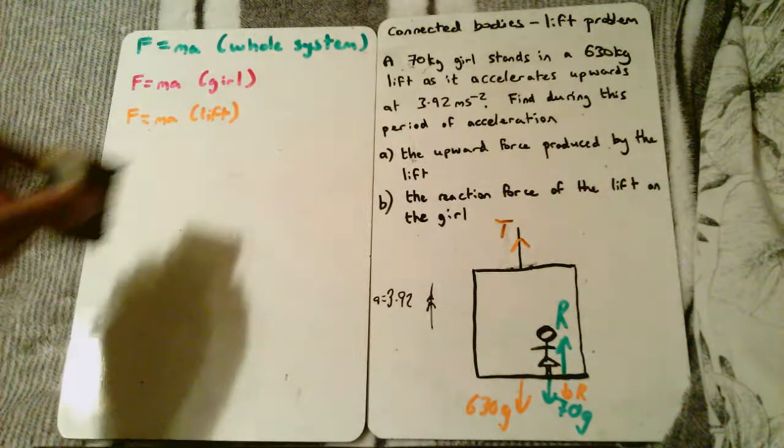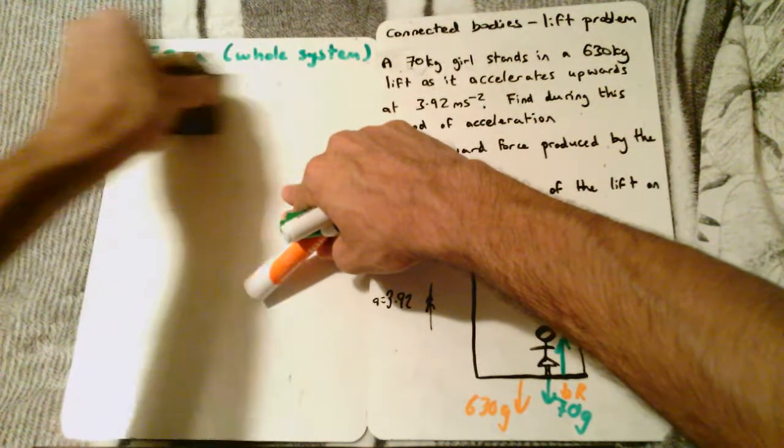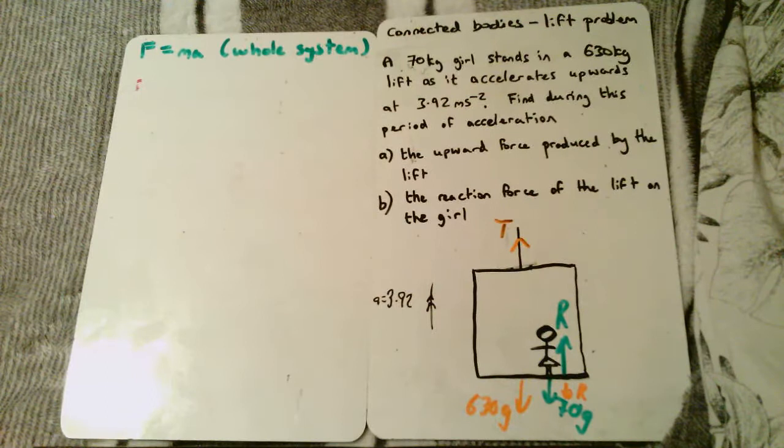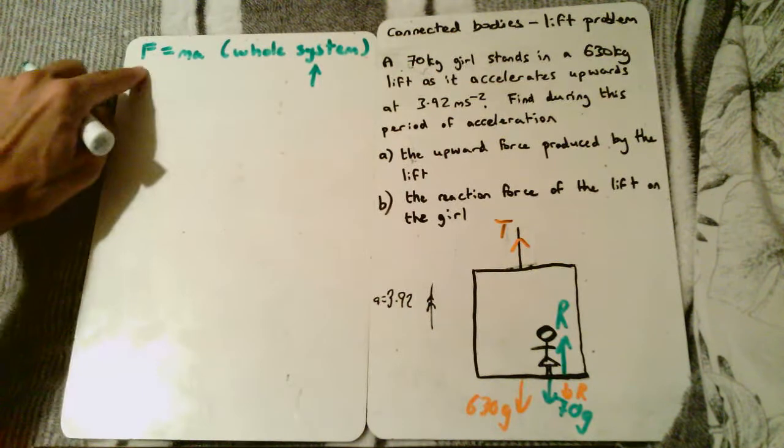So I'm going to remove the F equals ma of the girl in the lift to start with, and look at F equals ma on the whole system. And this is going upwards as a whole system.